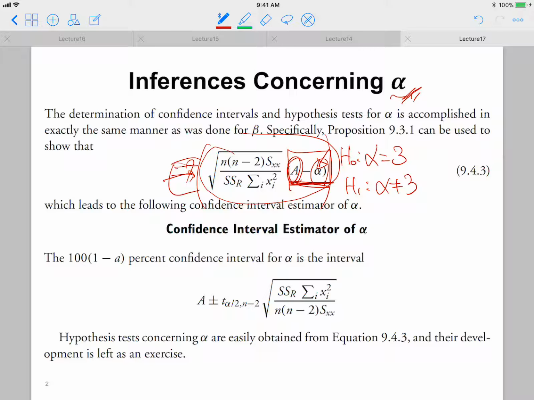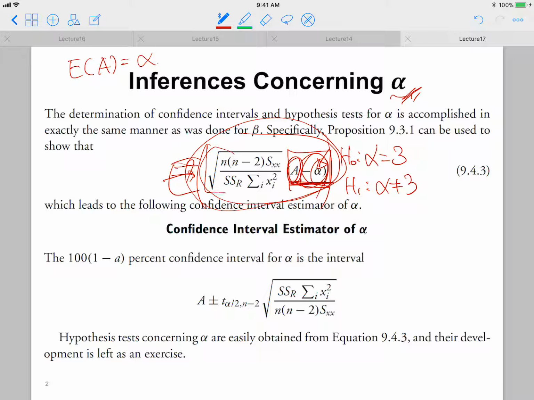Okay, then let me ask this question. What was the expectation of A, when viewing it as an estimator for alpha? This was also an unbiased estimator, right? And so altogether, the expectation will be 0 by subtracting this alpha from A, right?